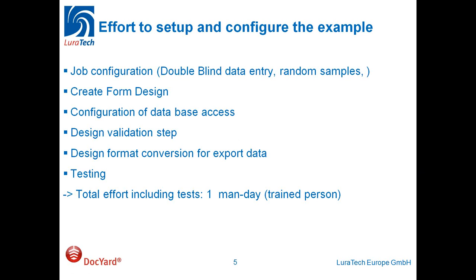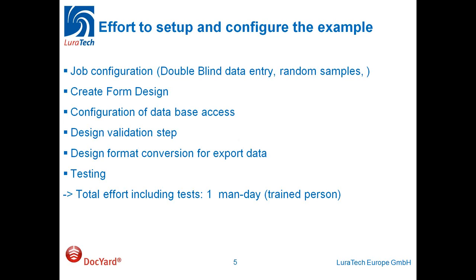Okay, good. The effort to set up, configure, and actually put something like we saw here into production is, for a trained person, probably surprisingly fast, because of the methods and ways we implemented DocYard and put our forms recognition technology modularly into DocYard.